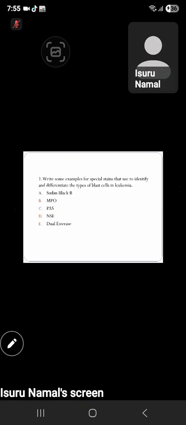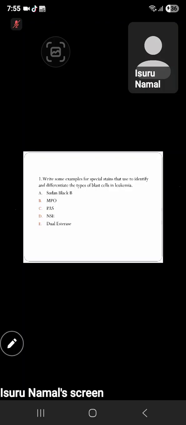And parallelly, we do another staining for the same case, that is PAS stain, periodic acid Schiff stain, because your blast may be lymphoblast. Therefore, by using only the Sudan black stain, you can't identify that as a lymphoblast.